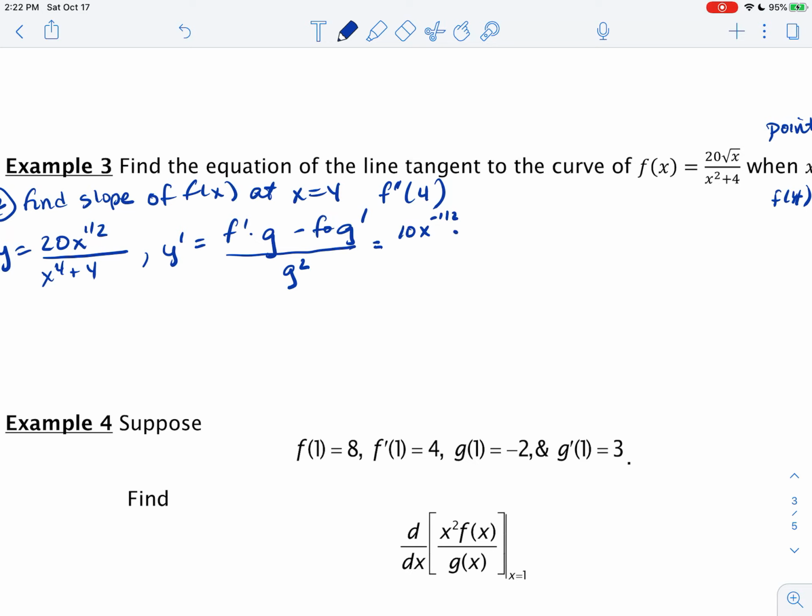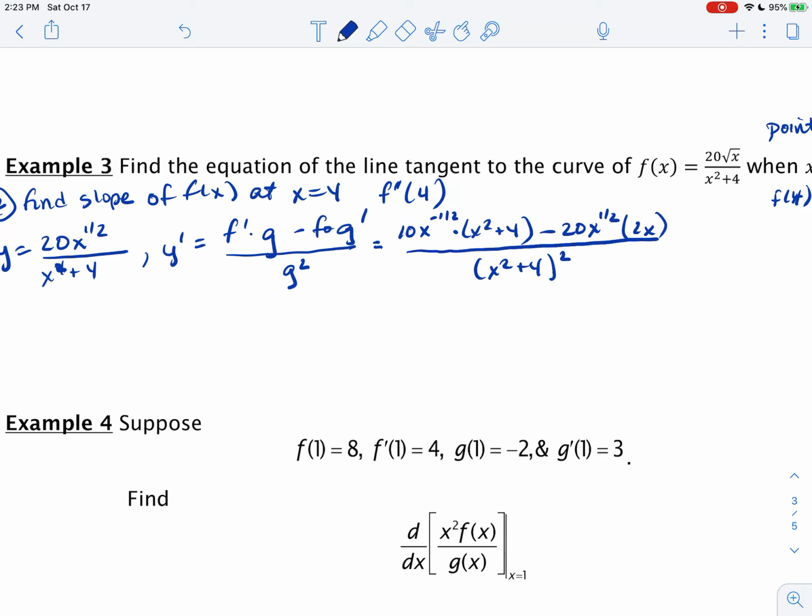And the bottom is x squared plus 4, minus the top, which is 20 times x to the 1/2, times the derivative of the bottom. And the derivative of the bottom is 2x, not plus 4, all over the bottom squared. And the bottom squared is going to be x squared plus 4 squared.